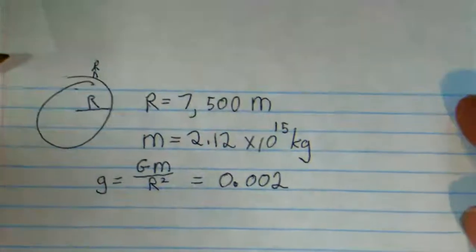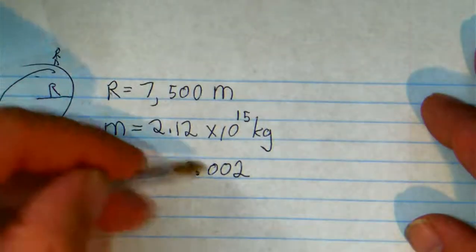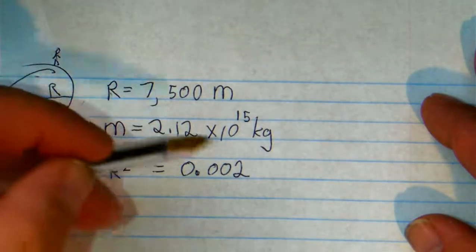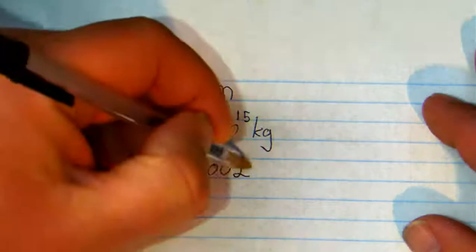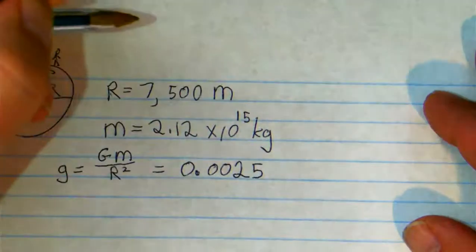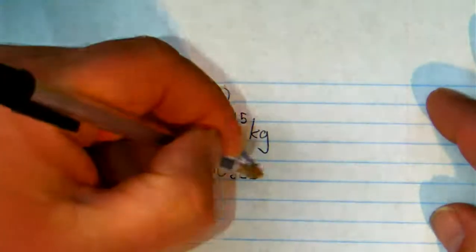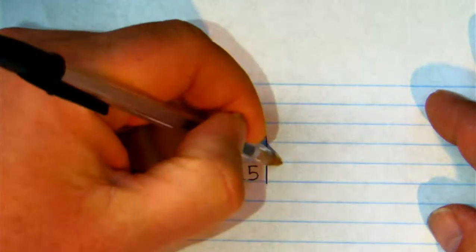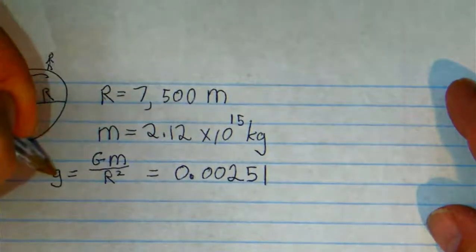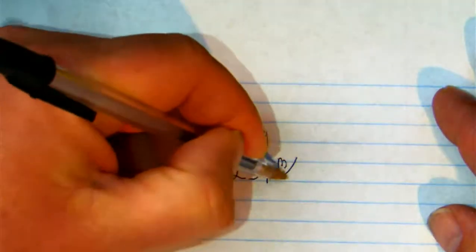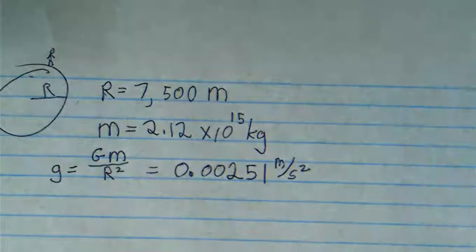Now that's only to 1 sig fig. The zeros are placeholders, so don't stop there. The second significant digit is a 5, and the next one is a 1. And the correct units for acceleration are meters per second squared.